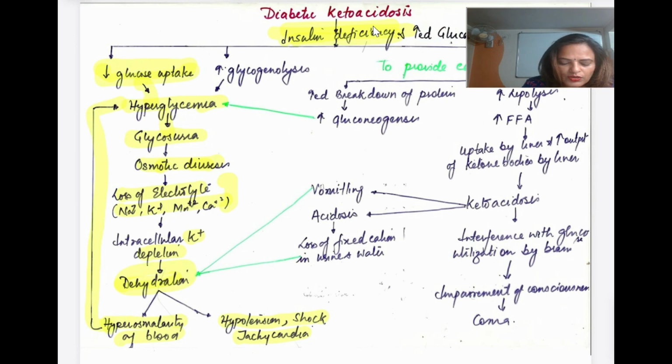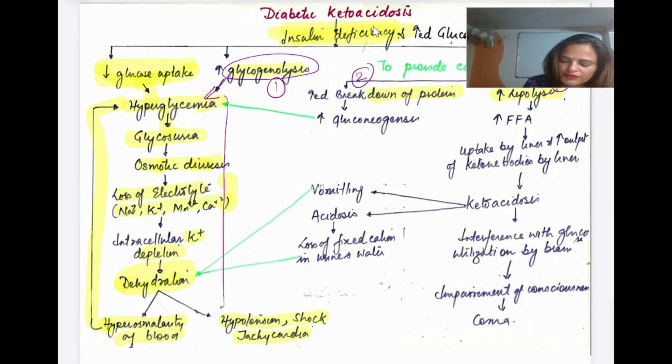Now the body is not taking up the glucose, so to get energy and provide calories, there will be breakdown of glycogen, protein and fat. Glycogenolysis releases glucose again, so it leads to hyperglycemia, following the same sequence.